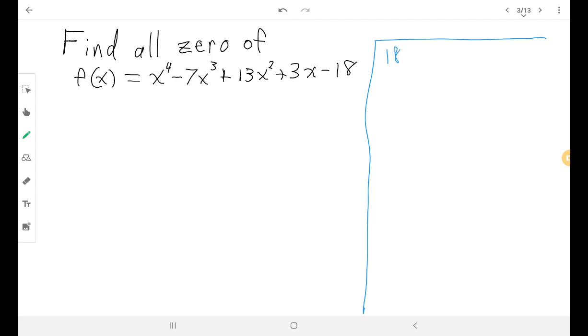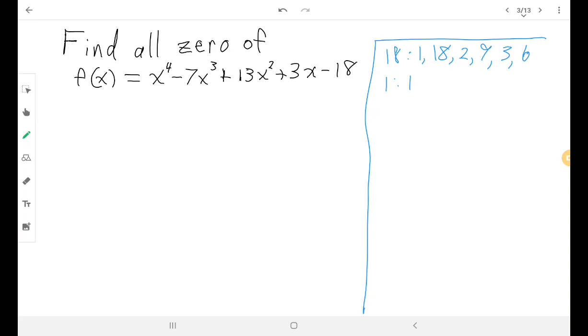So factors of 18 are 1 and 18, 2 and 9, 3 and 6, there's no 5, and then we're back to 6. So that's all the factors. Factors of 1 are just 1.